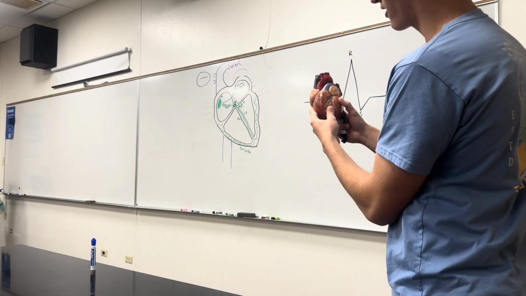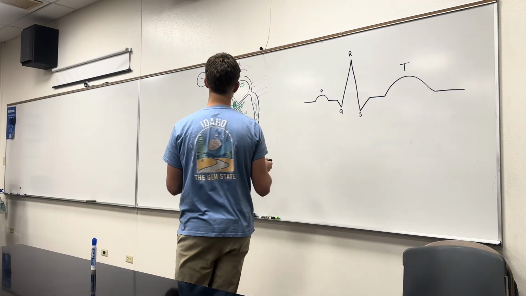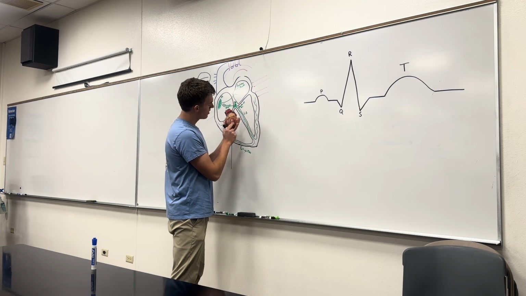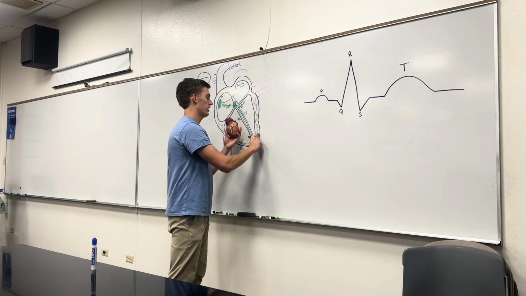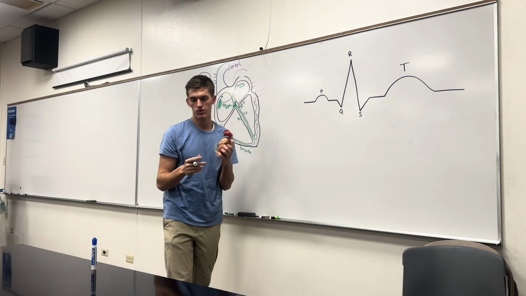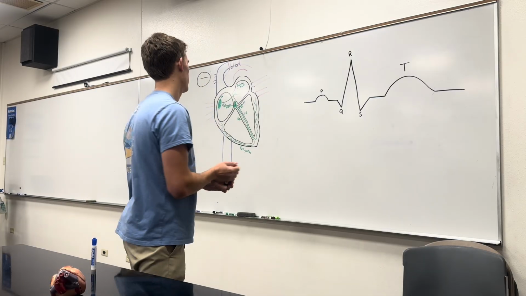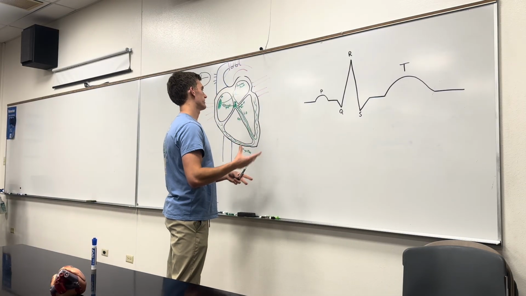And what happens is it gets a blockage, right here on our left side. And when that gets blocked, this wall right here can't get enough oxygen, which means it can't repolarize because of our ATP and stuff.